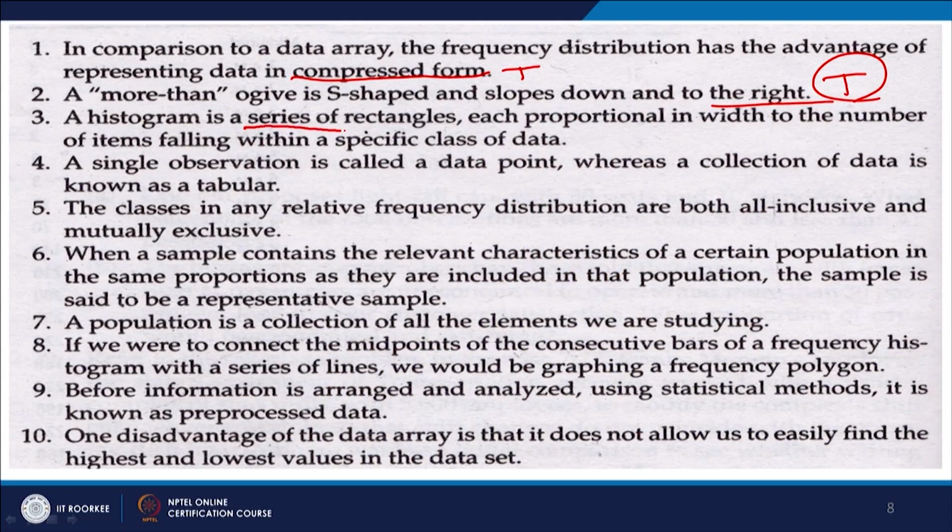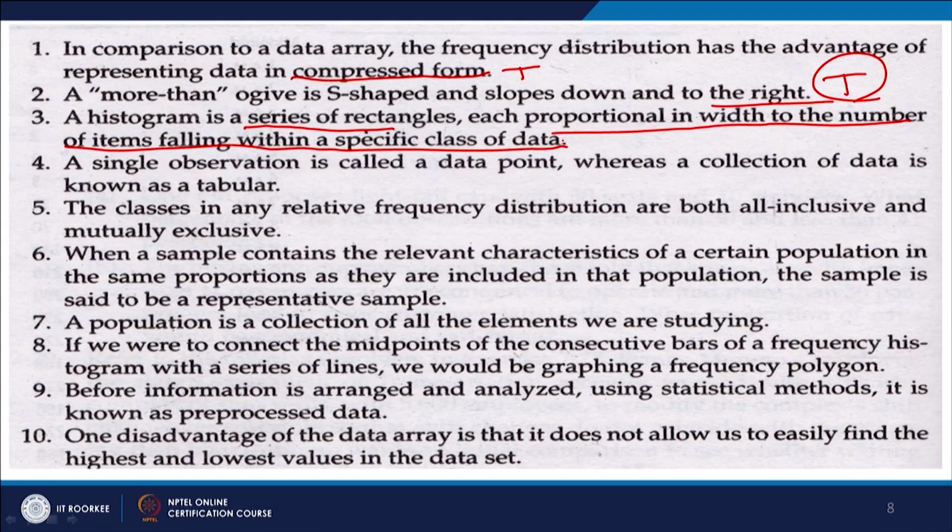A histogram is a series of rectangles, each proportion in width to the number of items falling within a specific class of data. Just be careful, right, very important statement. A histogram is a series of rectangles, yes it is, each proportional in width to the number of items falling within a specific class of data.